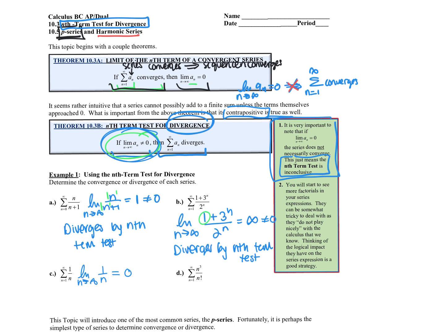So here, if the limit is not 0, you get to say it diverges. If it's 0, you can't say anything at all. It might converge, it might diverge. So this is inconclusive, and we'll have to use another test. But at this point, we don't have any other tools for this guy, so we'll wait.